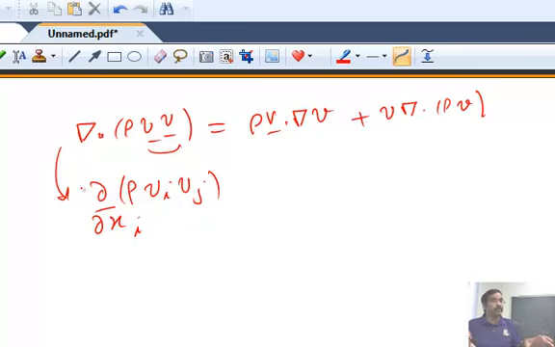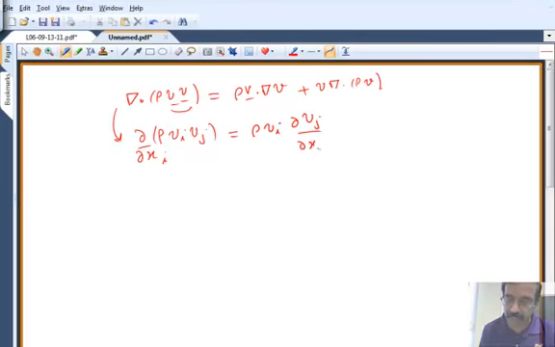Now, apply the chain rule, because rho, v_i, v_j can all depend on x. So if you do that, then you will get rho v_i dv_j/dx_i plus v_j d/dx_i of rho v_i.